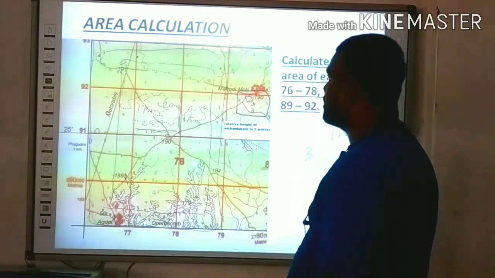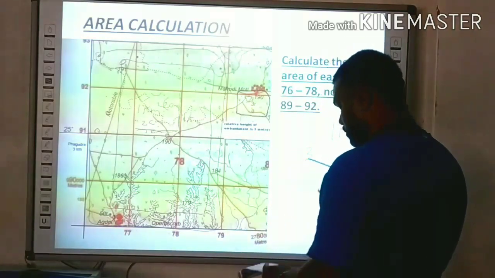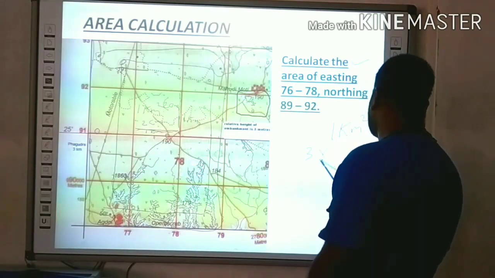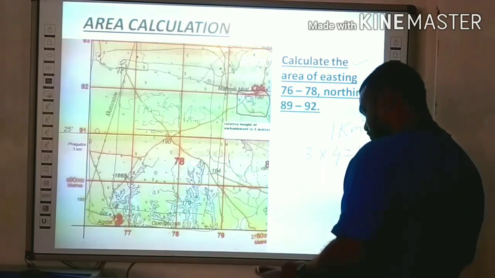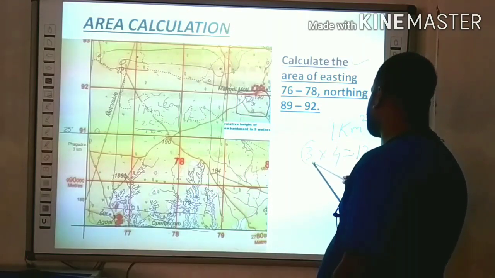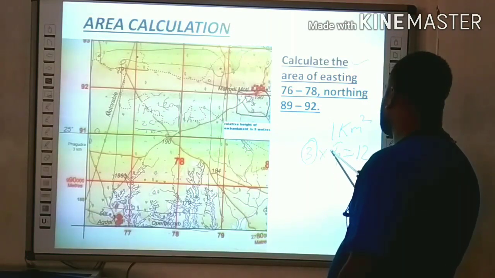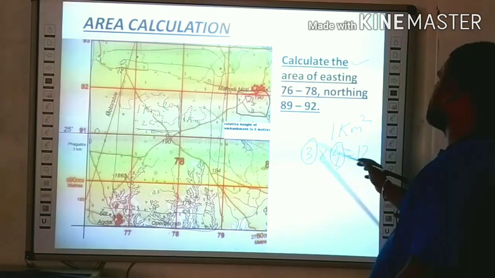And in the northings, how many grids are there? 1, 2, 3, 4. Now 3 into 4, how much will it be? 12. So in total there are 12 grids, 3 in the eastings and 4 in the northings.